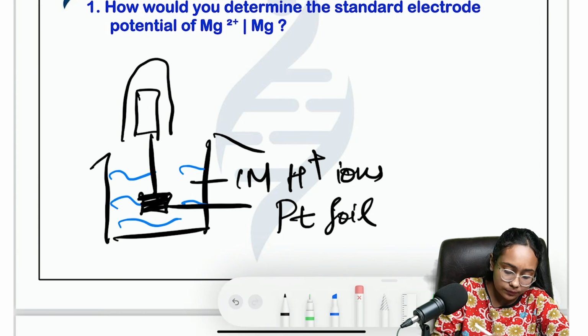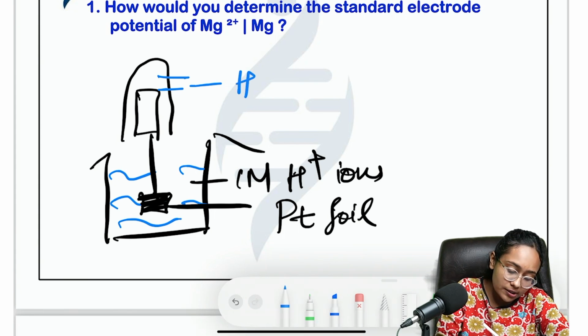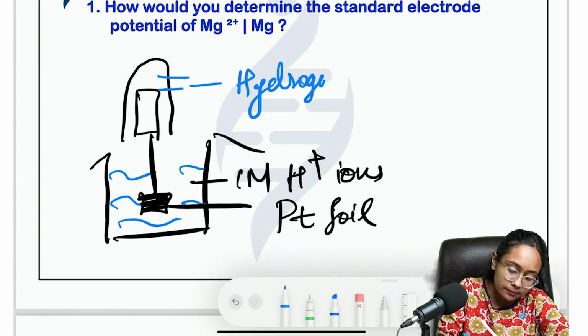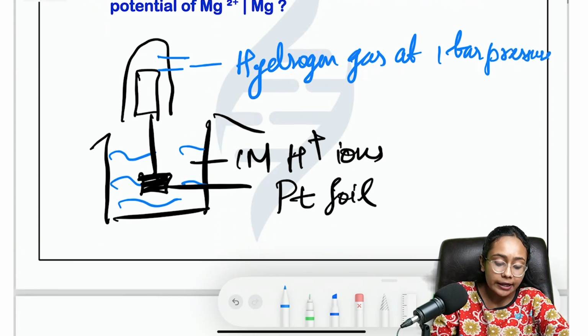To this, I'm bubbling hydrogen gas at 1 bar pressure. So this is the setup of the standard hydrogen electrode.